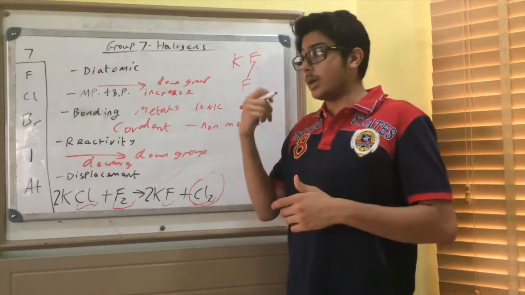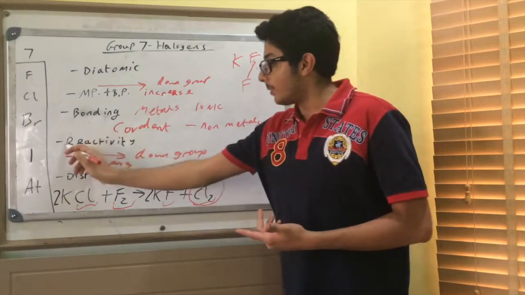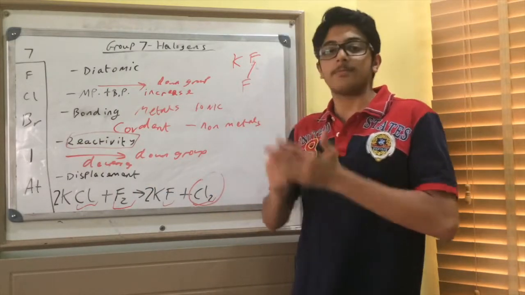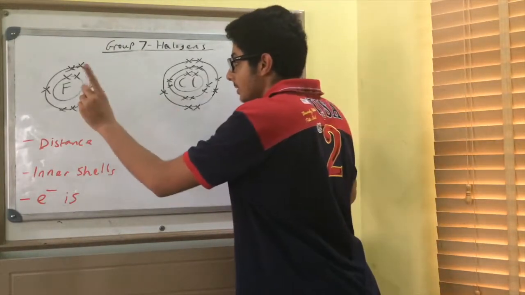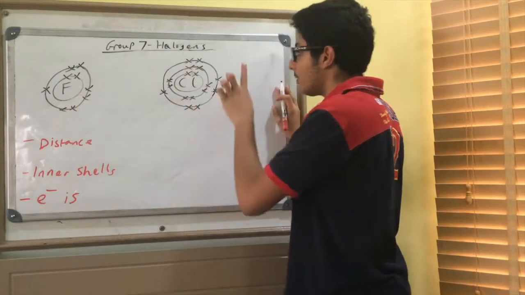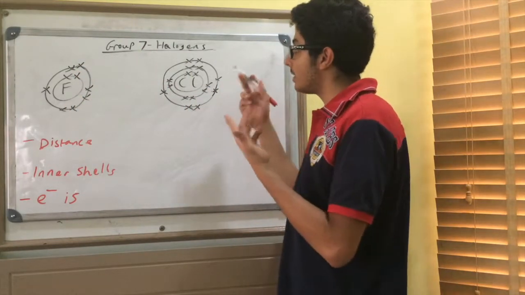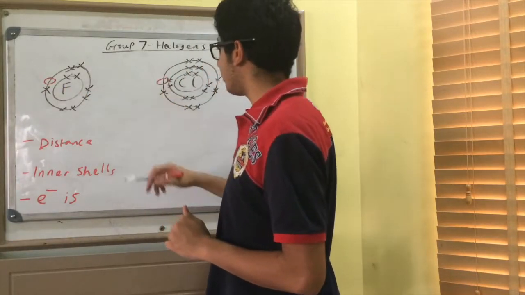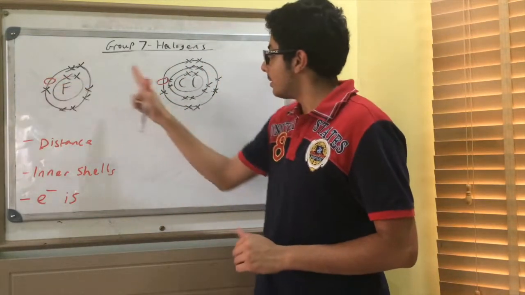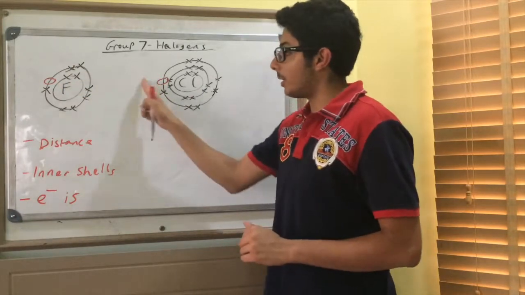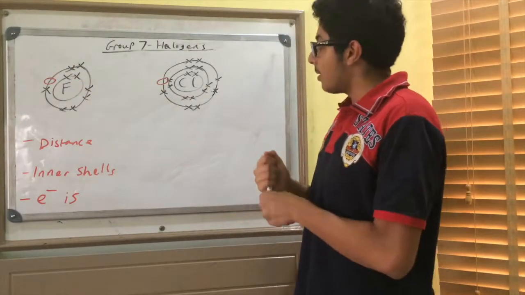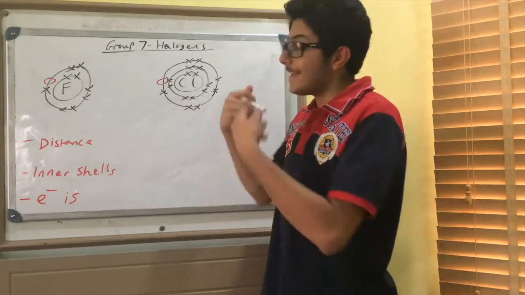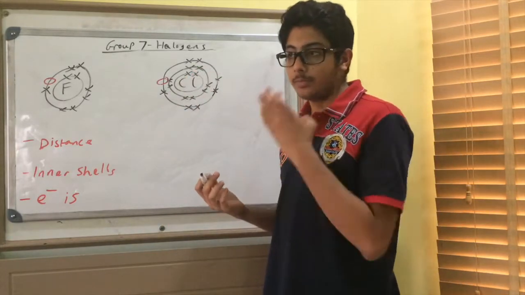And now I'm gonna explain why this is the trend in reactivity in terms of electronic structure. Okay, so we have two examples, fluorine and chlorine. Now one other thing group 7 have in common is they have 7 electrons in the outer shell, missing 1 electron. And so if they're going to ionically bond, they will have to gain 1 electron.